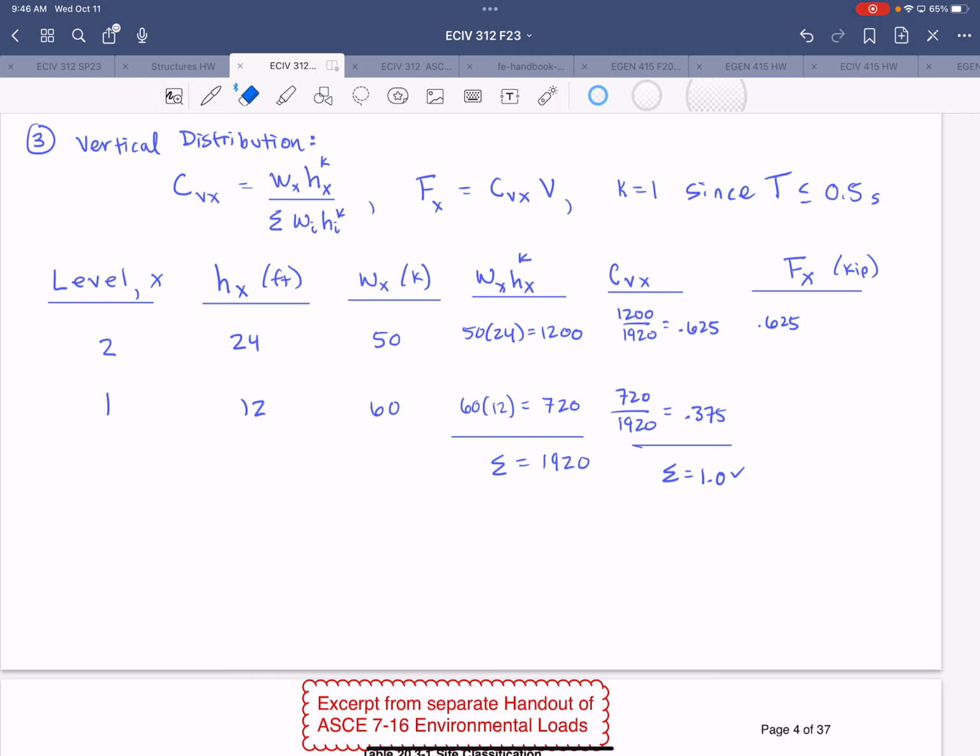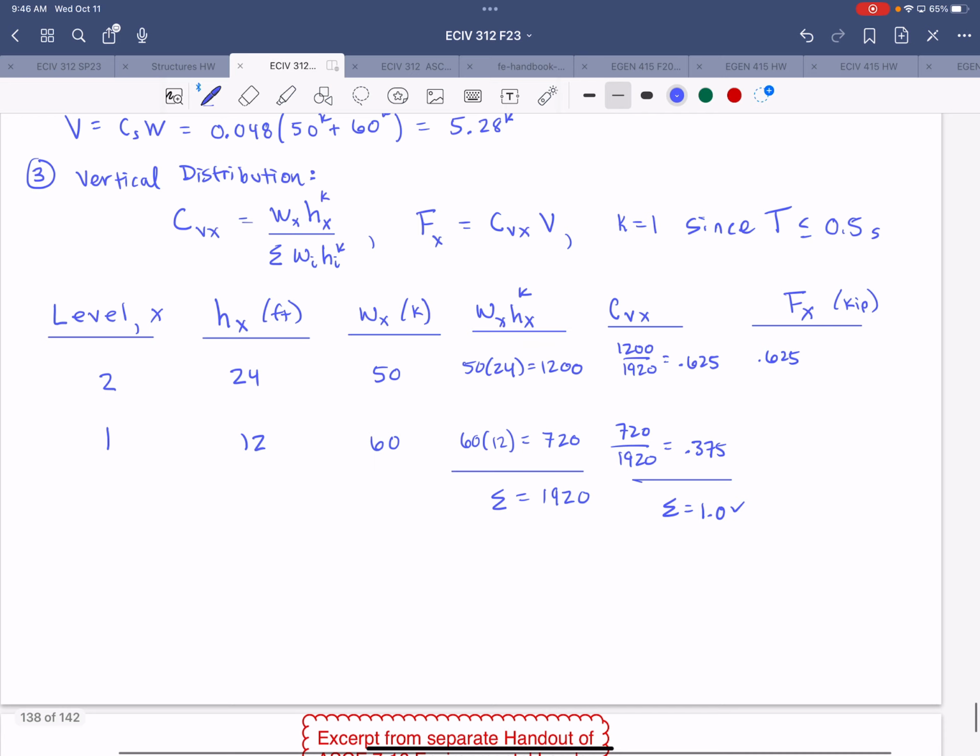CVX times the base shear, so the 5.28. So that is 3.3 for level 2, and then it will be 1.98 for level 1.